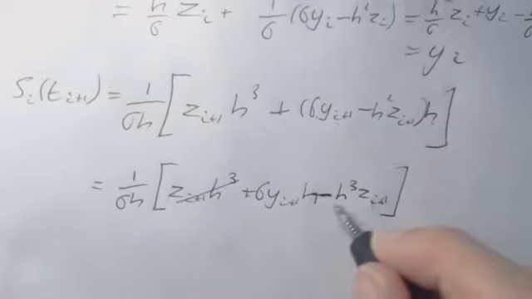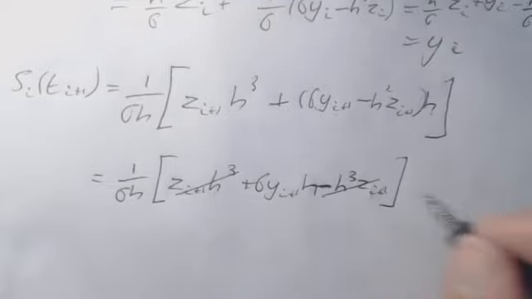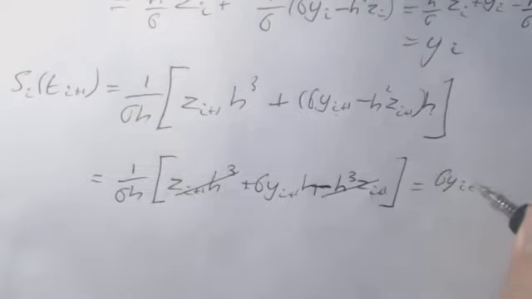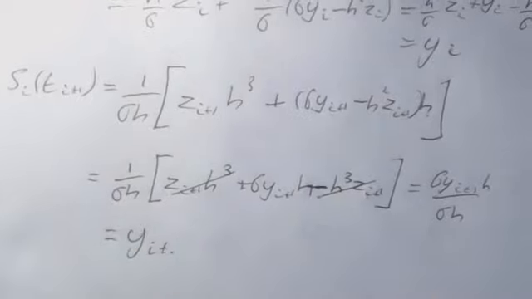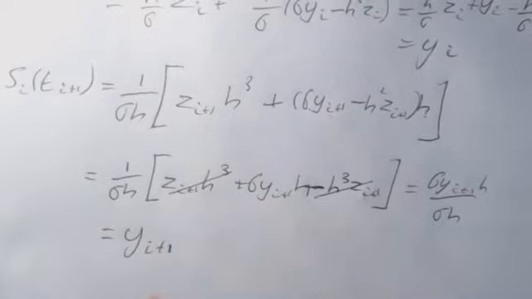These terms cancel out, and we get 6yi plus 1 h over 6h equals yi plus 1. So yeah, that does exactly what it's supposed to do at the ends, and they're all going to do that from S0 up to Sn minus 1.